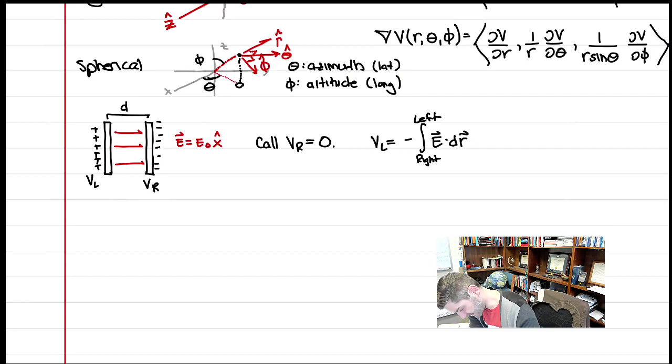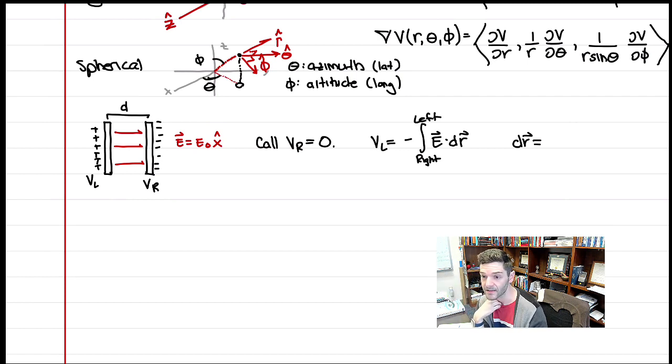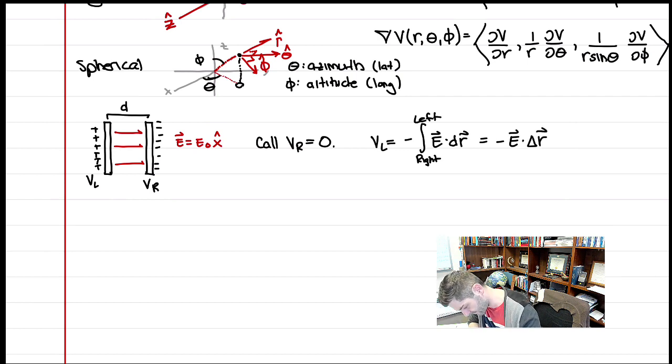So I'm going to choose a pretty simple path. I'm going to let dr just move in a straight line horizontally. Actually, I can be even simpler about this. Since the electric field is a constant, this is the same thing as negative E dot delta R, where this is the bulk displacement.